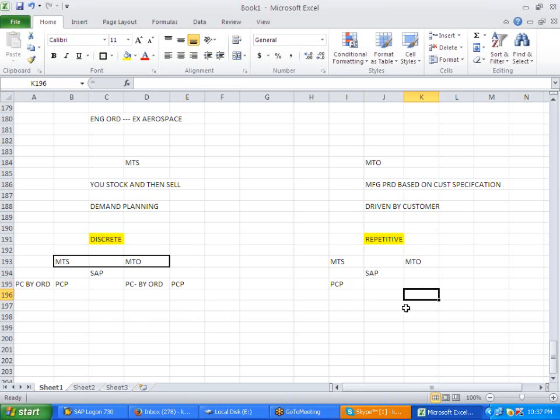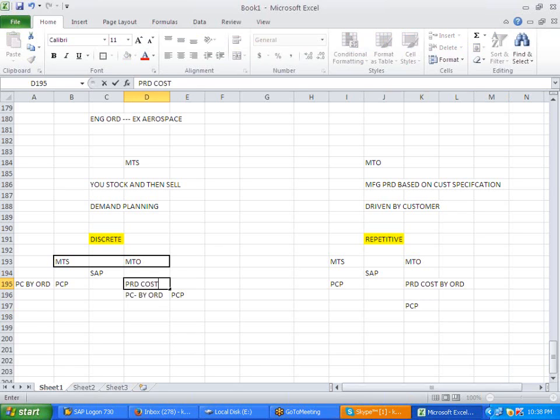In MTO, the make to stock and order, let us put it like this: product cost by order. No, I didn't get the last point.